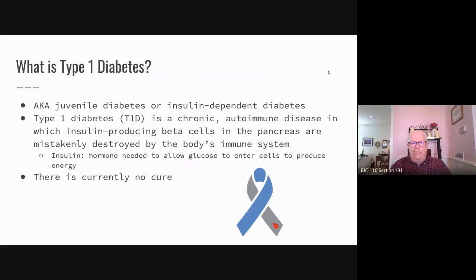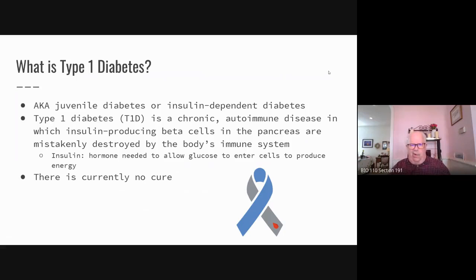Okay? So, what is type 1 diabetes? It's also known as juvenile diabetes or insulin dependent diabetes. It is a chronic, and this is the most important word, autoimmune disease, in which the insulin producing beta cells in the pancreas are mistakenly destroyed by the body's immune system.